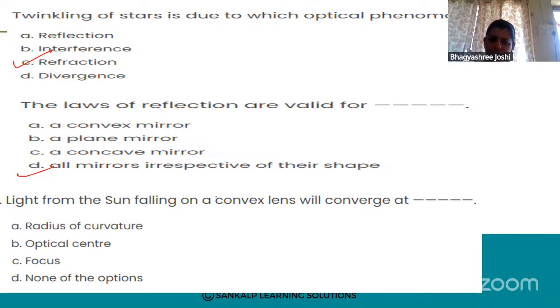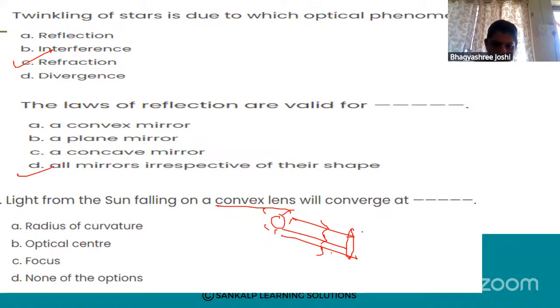Light from the sun falling on a convex lens will converge at? Here the sun is there and the light is coming like this.